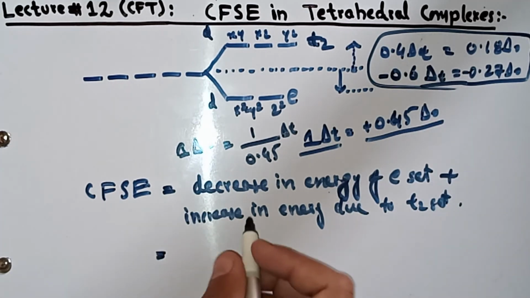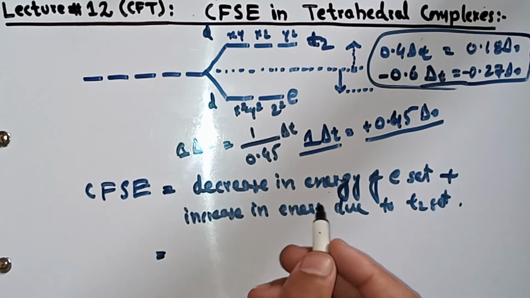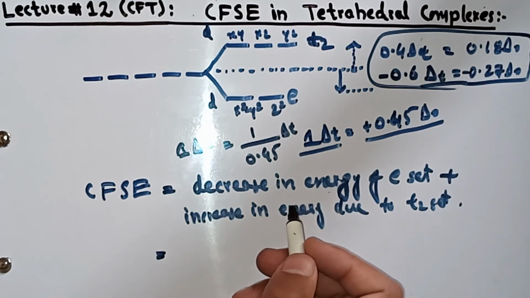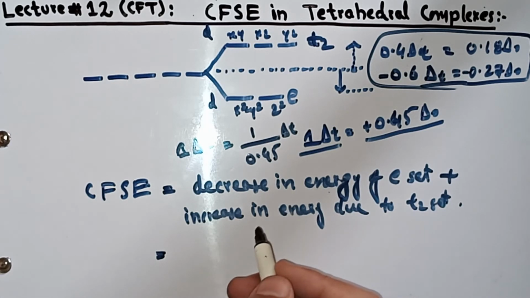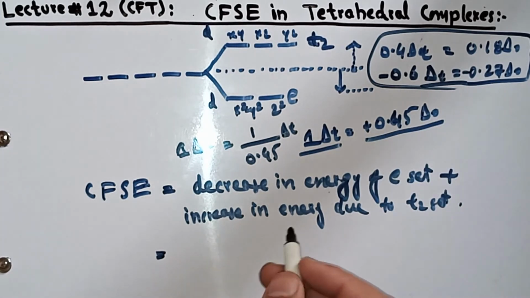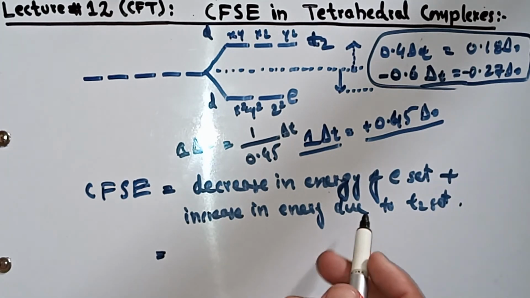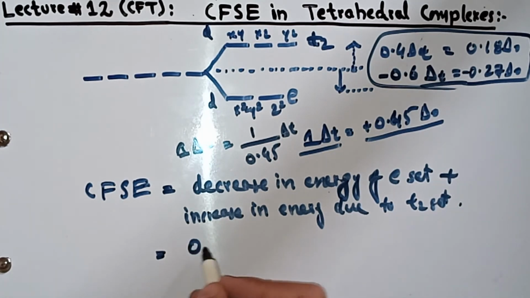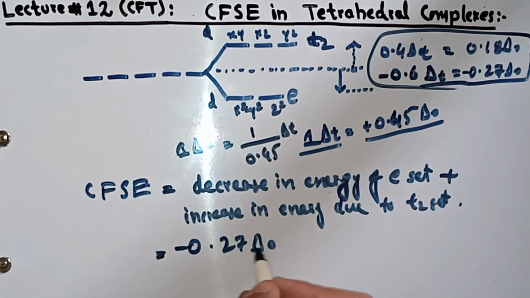So the decrease in energy of the E set will be equal to 0 minus 0.27 delta naught.